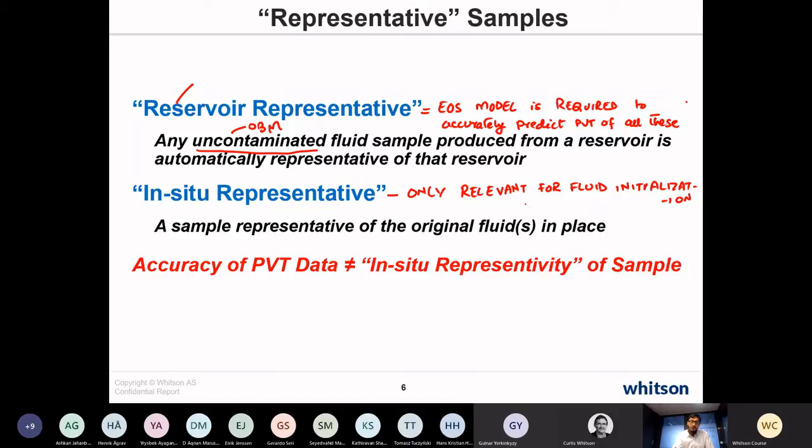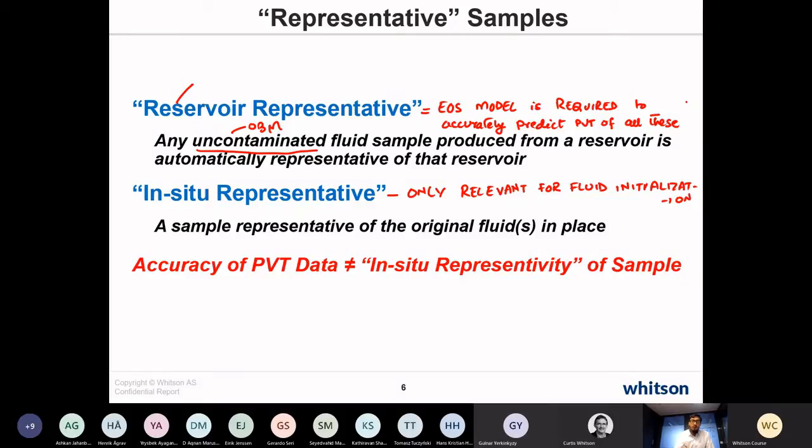And if you have reservoir representative samples that are covering a good wide range of composition, temperature, and pressure space, your equation of state model should be robust enough that it can accurately predict the phase behavior of any composition that you might end up using in your reservoir model.